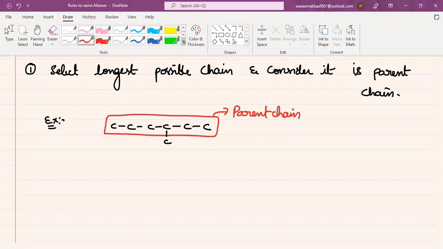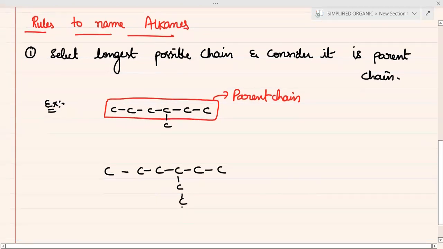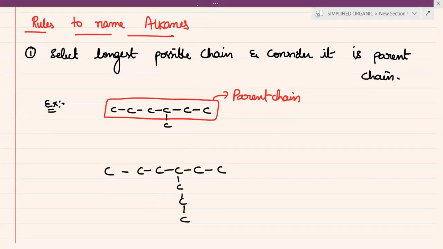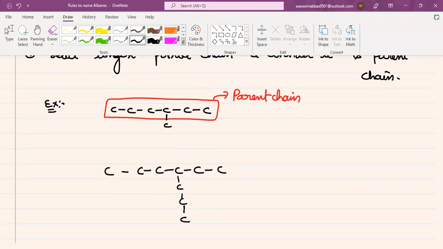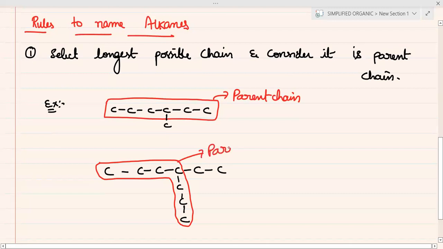Like another example, I have this compound. In this case, if you see, this is the longest chain we have, and this is considered as the parent chain.